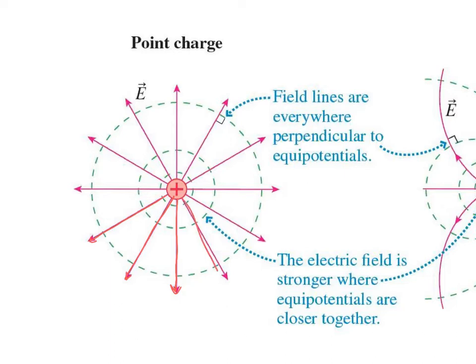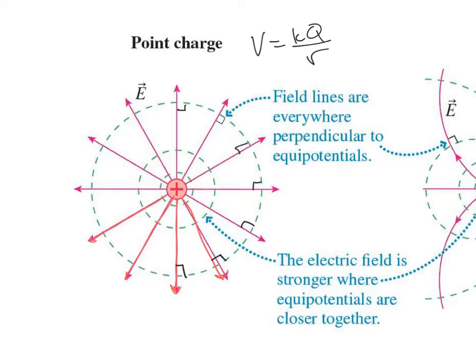The equipotential lines are concentric circles around the point charge, because the potential from a point charge is V equals kQ over r, so everything with the same radius has the same potential. At every point, the field is perpendicular to the tangent of those concentric circles.